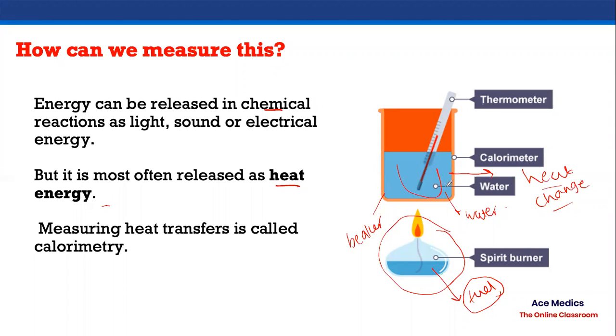You will then heat this up using the fuel and the spirit burner, and then measure the temperature again. So you measure the temperature at the beginning and at the end of the experiment, and then calculate the temperature change. There are a few more calculations, and when you put in the temperature change, you can see the amount of energy that is being transferred.